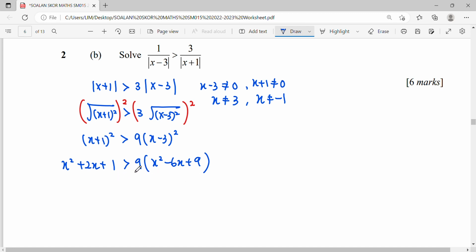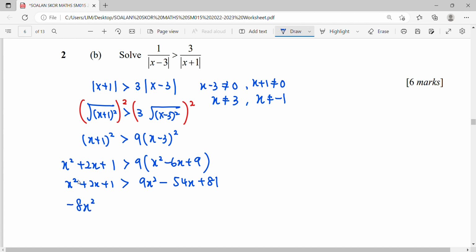So rearrange this quadratic in the form ax squared plus bx plus c. So we move it to the left hand side.